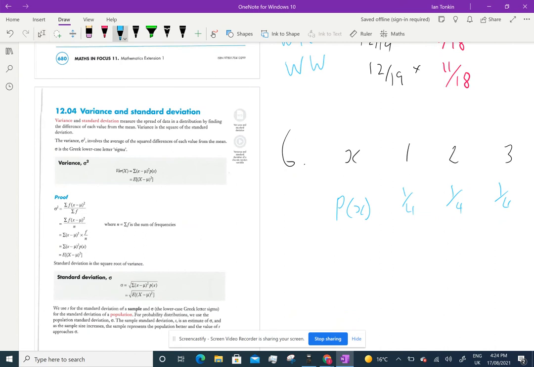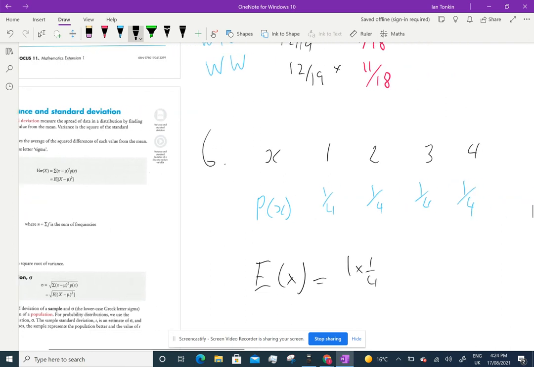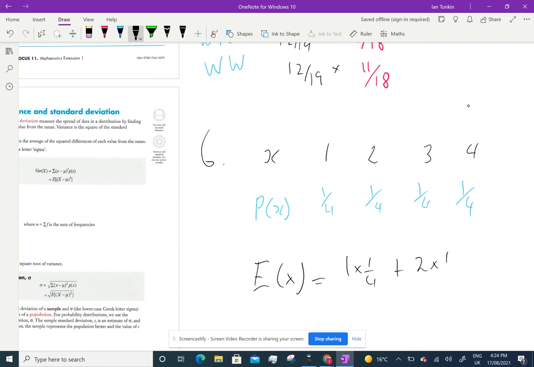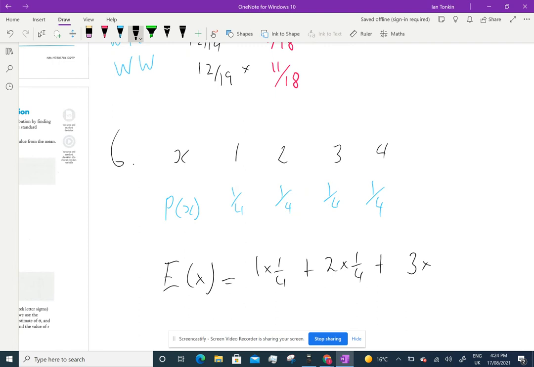So E of X equals 1 times 1 on 4 plus 2 times 1 on 4 plus 3 times 1 on 4 plus 4 times 1 on 4. Now, remember, you can just put it in your calculator and put that in your X column and put the probabilities in your F of X column. You'll get the same answer.